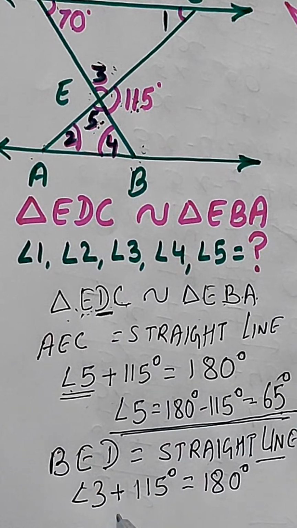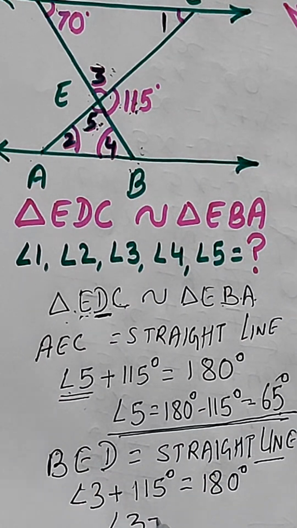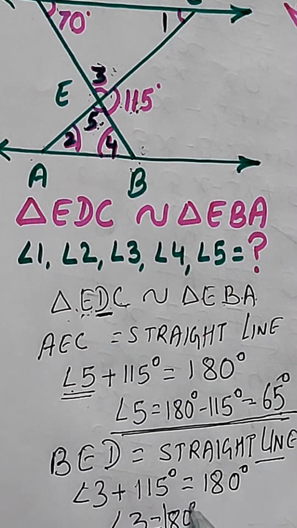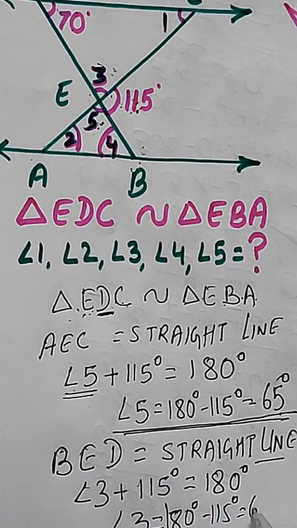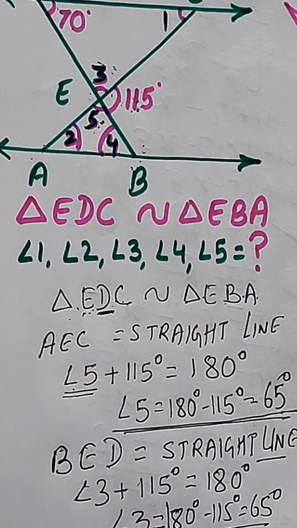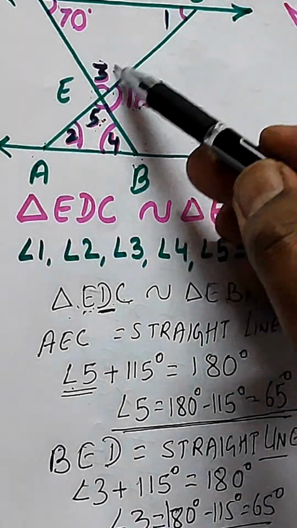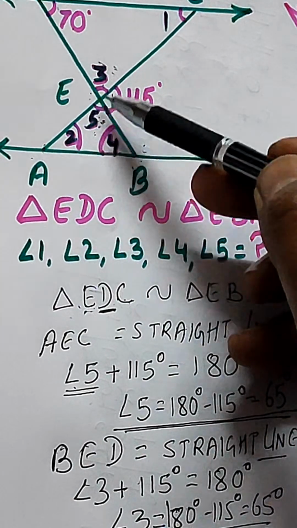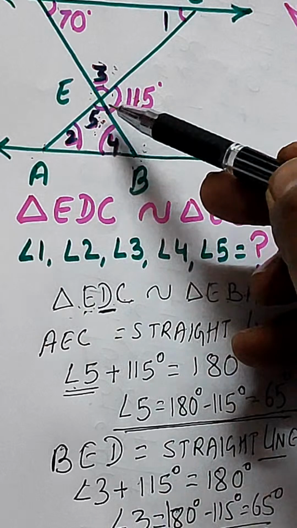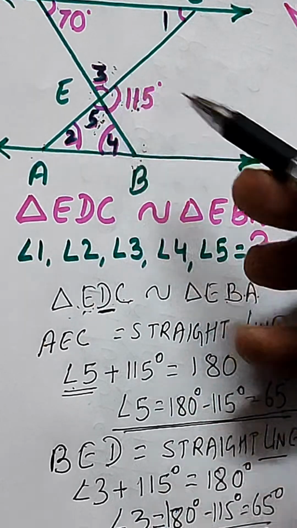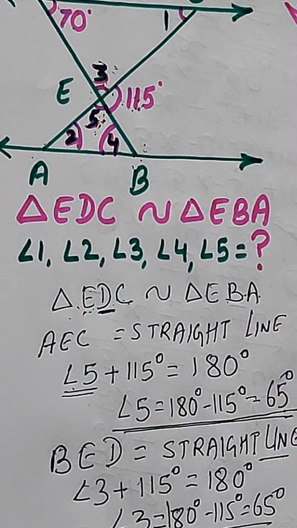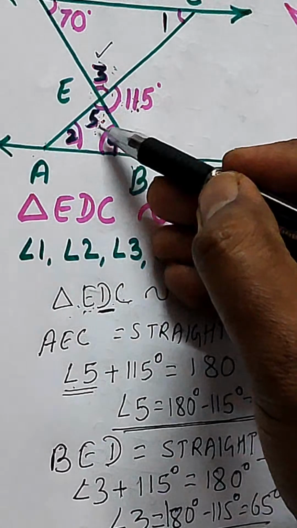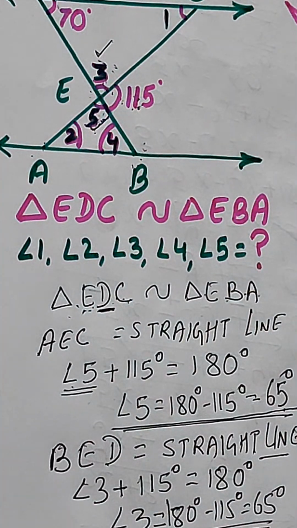So this will also give you the value of angle 3 equal to 180 minus 115, equal to 65 degrees. You can also cross verify it: since these are two intersecting lines, angle 3 will be equal to angle 5, which we have already calculated, so these are vertically opposite angles. So angle 3 is calculated over here, angle 5 is calculated over here.